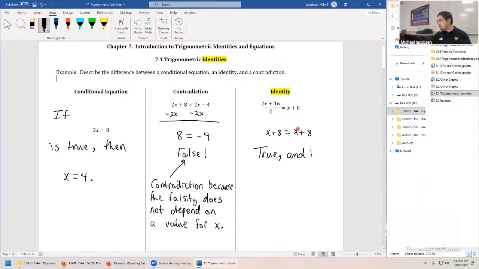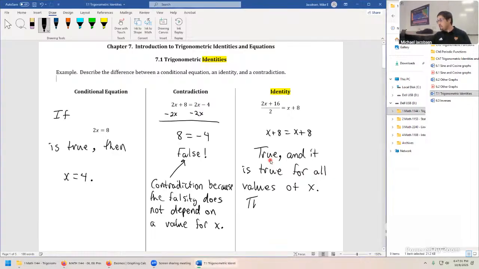And it is true for all values of x. That whole statement there, the fact that any value of x you can pick, any value of x that's valid in a domain, if we have a domain restriction, gives us a true statement.